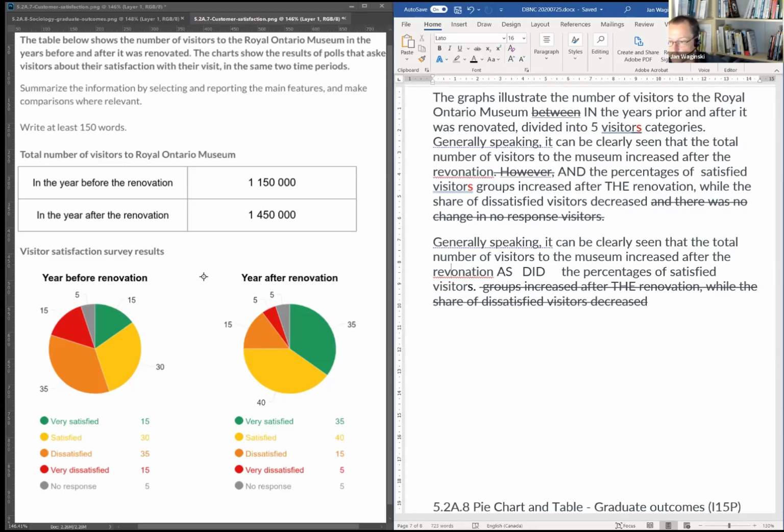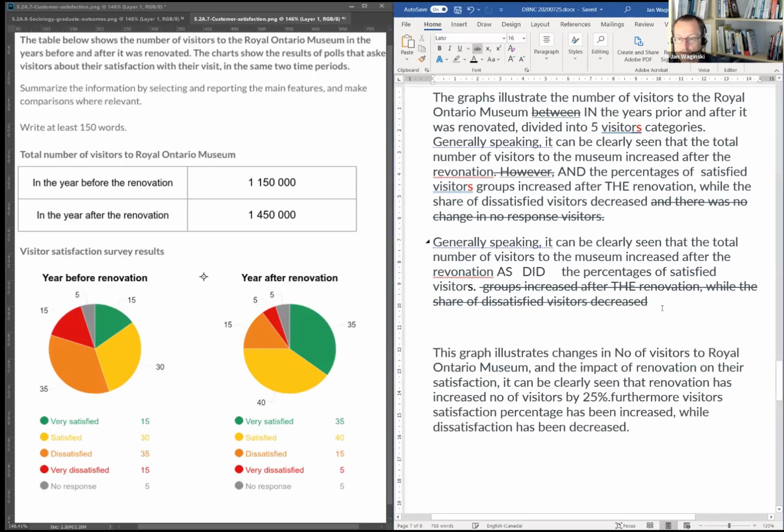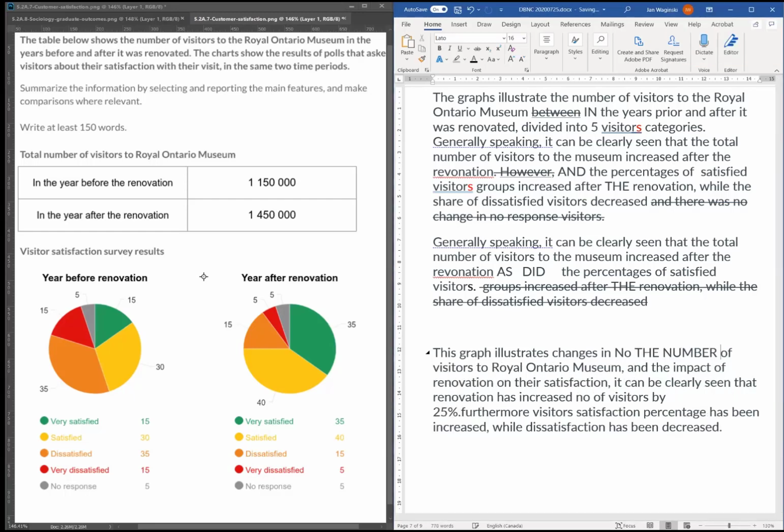All right, and we've got one more from Mohammed. Okay, the graph illustrates changes in the number.